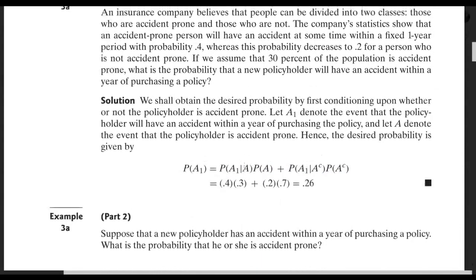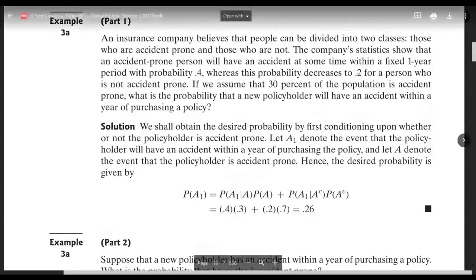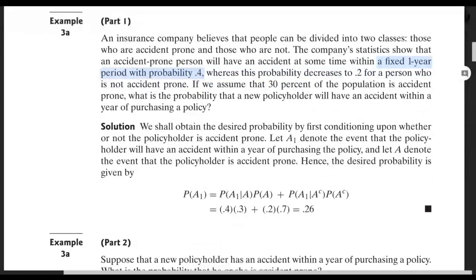Okay, and so these numbers are given. Within a year, probability if accident prone is 0.4.